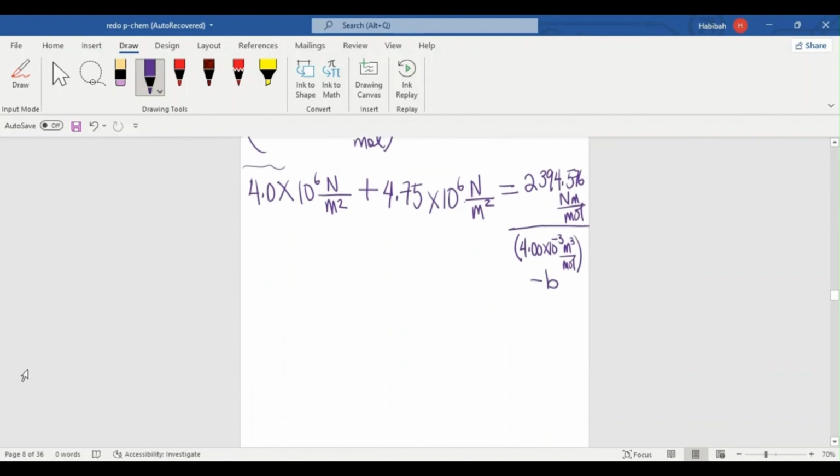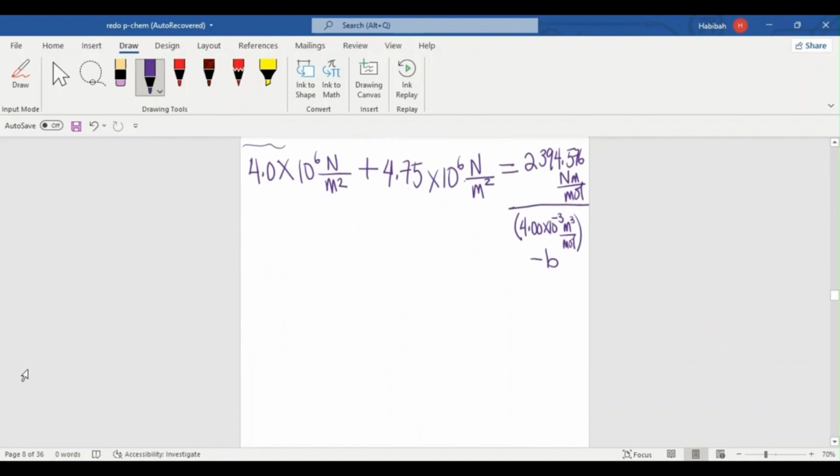I apologize, I know this is a lot, but it's chemistry. That's just how it is. So this is what you have so far. Let me rewrite this again so it's easier for you guys to digest.